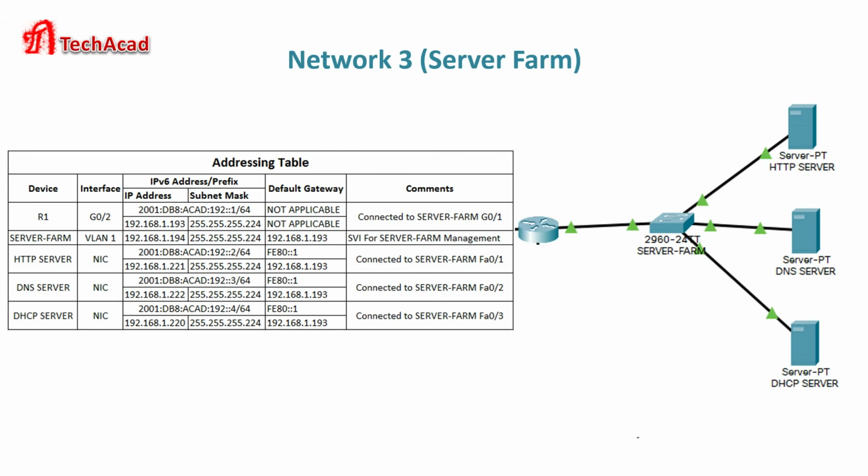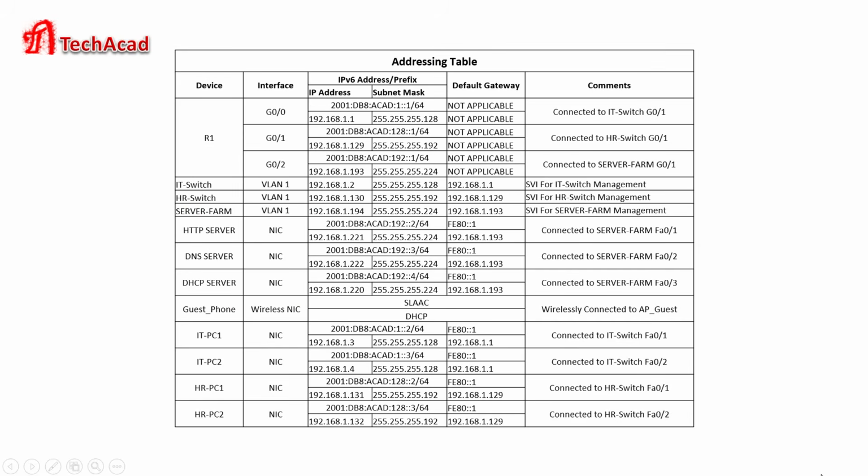And also we given the IP address for this server farm switch. So we have to configure the SVI, switch virtual interface, and we will configure on VLAN 1. This is our entire addressing table, IPv4 and IPv6 for all the devices, all the router interfaces, then all the servers, then all other end devices, including our phone.